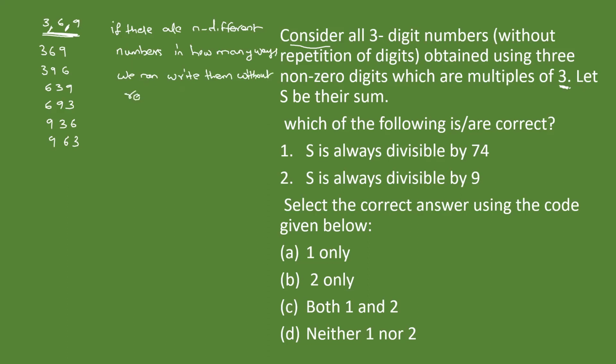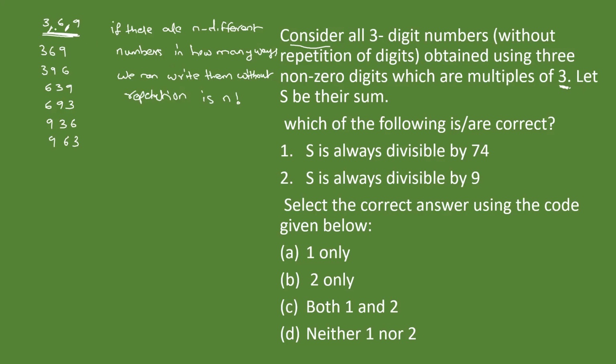Without repetition it is n factorial. In n factorial ways we can write them. So here, how many digits are there for us? 3 different digits.